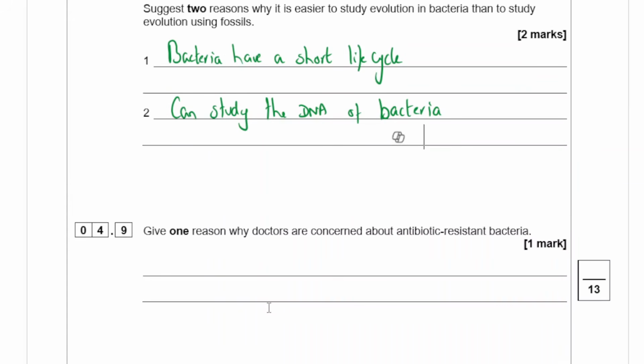Give one reason why doctors are concerned about antibiotic-resistant bacteria.